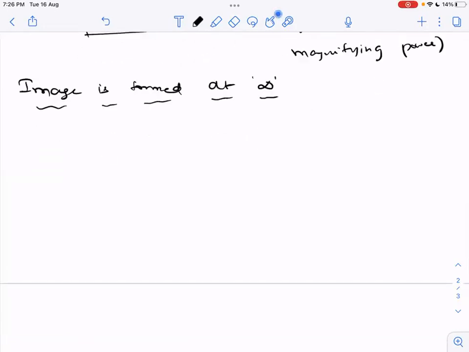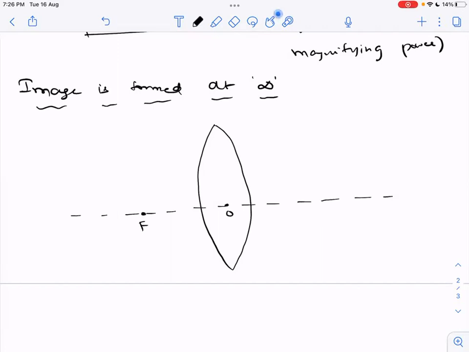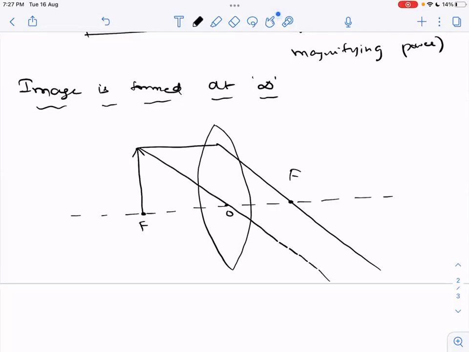Let's see. So when I have a convex lens like this, optical center, so this is the focus. If I take a ray parallel to the principal axis, it passes through the focus on the other side. And through the optical center, it travels without any deviation. So if you observe, the final image is formed at infinity.